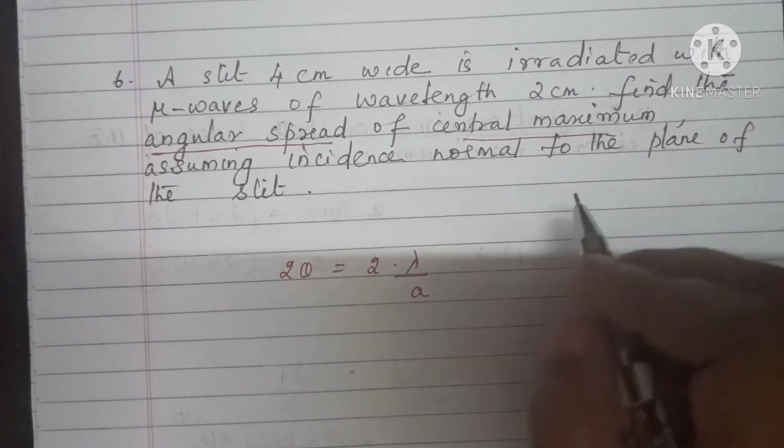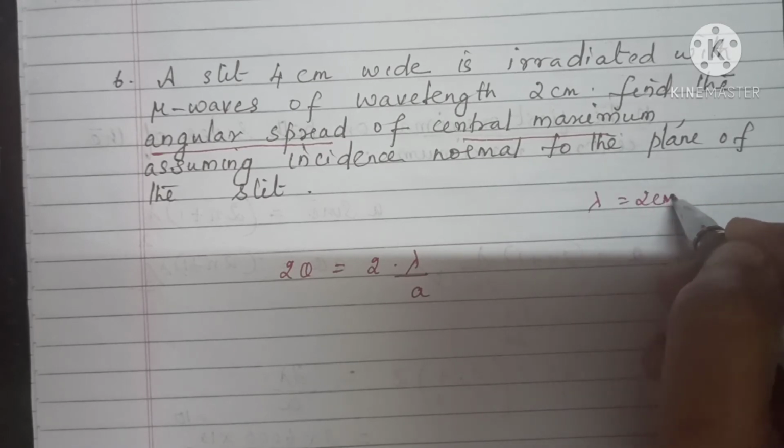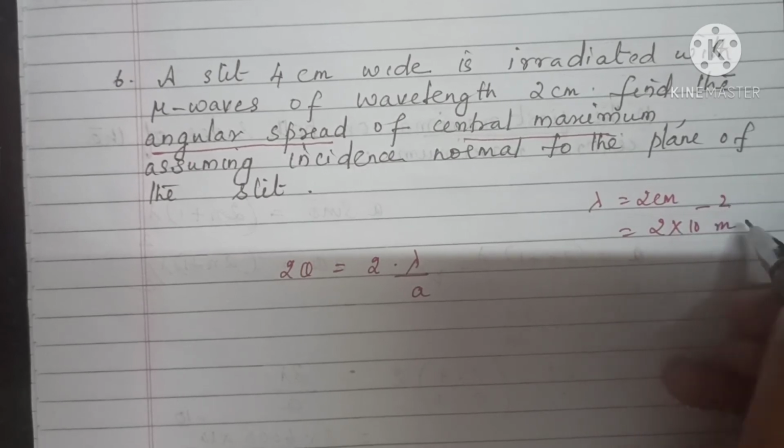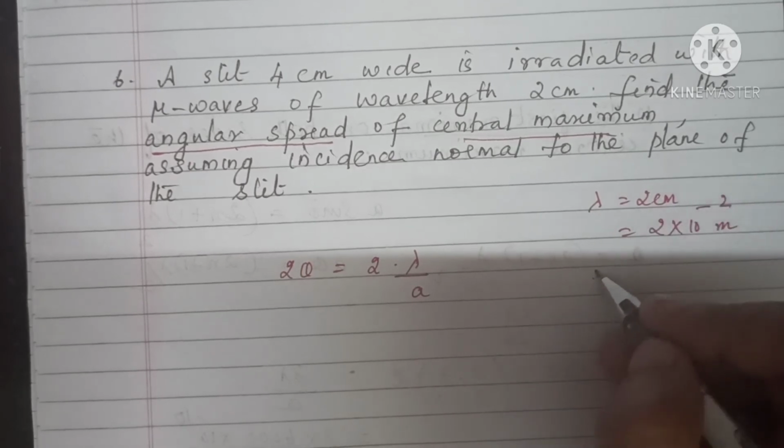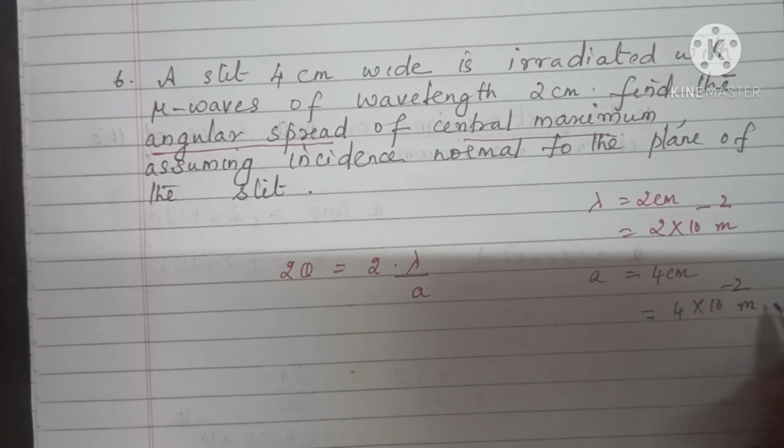You know the expression, that is 2 into lambda by A. The values are there. Lambda is 2 centimeters, which can be converted to meters, 2 into 10 power minus 2 meters. Then the width of the slit is given, A equal to 4 centimeters, which is 4 into 10 power minus 2 meters, isn't it?